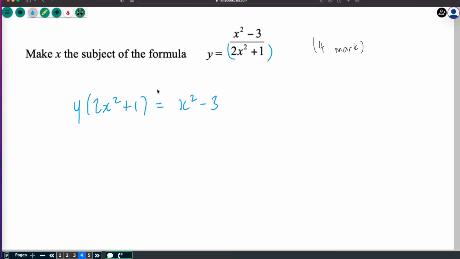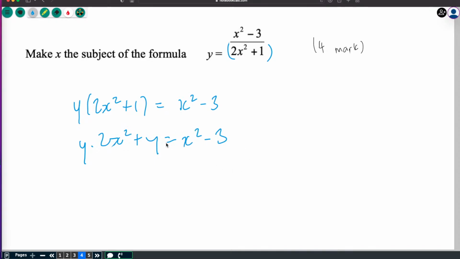Okay. Next, expand the brackets. So y multiplied by 2x squared plus y equals x squared take 3. And now I have two terms with x's in them. I want to combine those. How do I do that? I need to get this x squared on the left-hand side, or this term here, y 2x squared on the right-hand side.